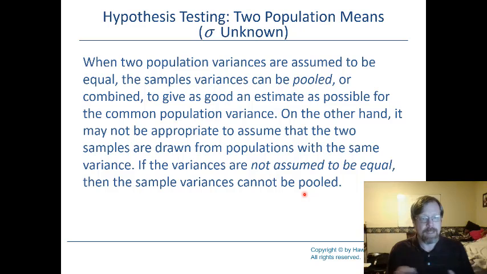So there's some slight calculational differences depending on whether or not we can pool the variance, and how strongly we think we can assume that the variance is going to be the same for the populations we're looking at.